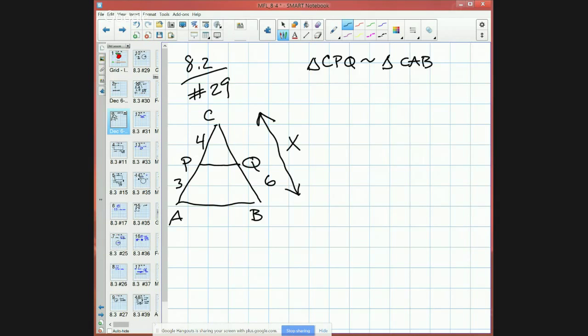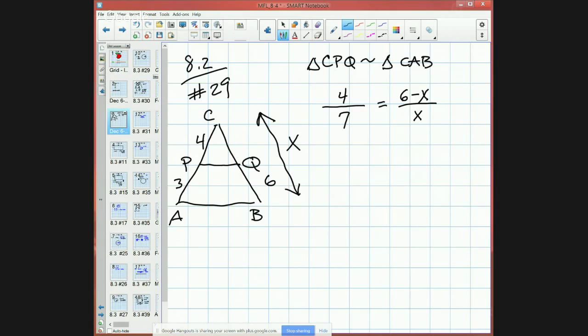So the little triangle is similar to the big. When we set up our proportion, we're going to go little to big or big to little. So I'm going to say left side of little is to left side of big as right side of little is to right side of big.